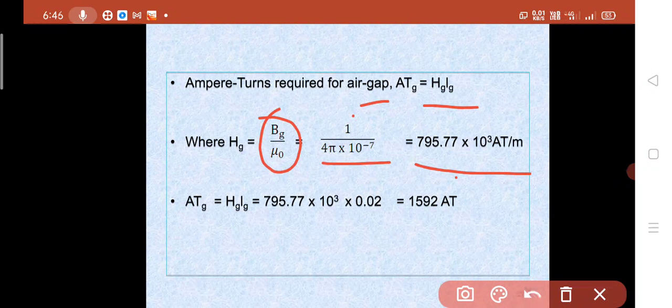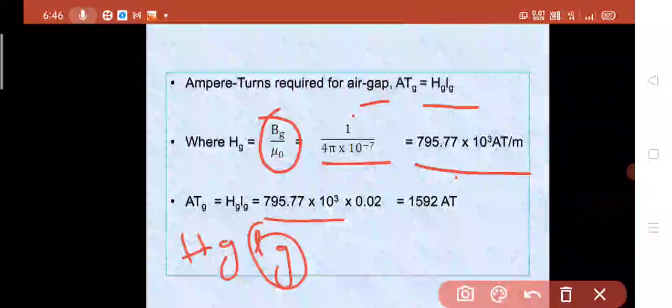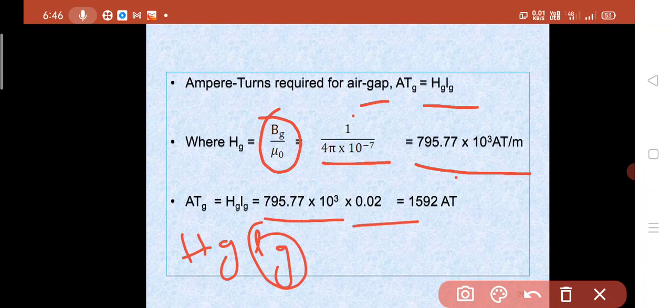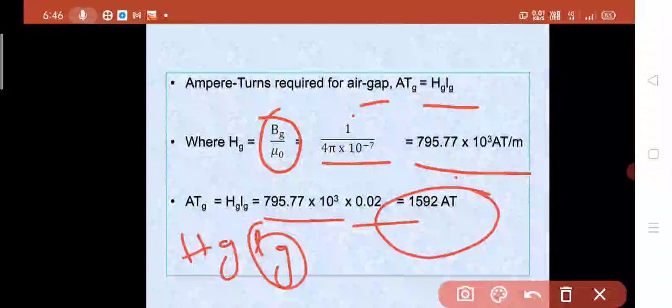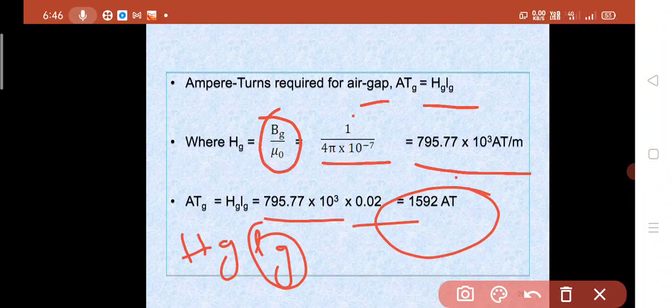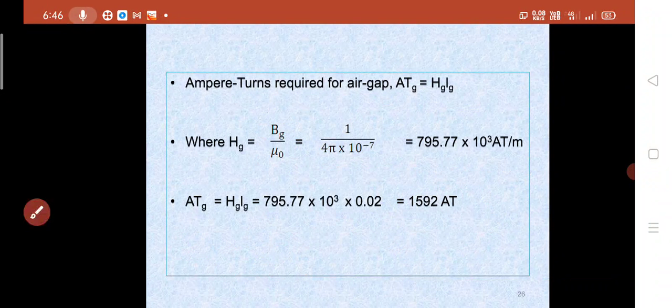Now ATg is equal to Hg Lg. Hg value is 795.77 into 10 to the power of 3 and Lg value is 0.02. So total ampere turns is 1592 ampere turns.